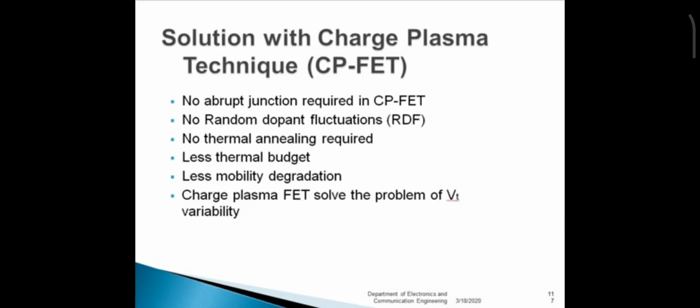Less mobility degradation. Charged plasma FET solves the problem of VT variability also. In charged plasma FET, there is no doping, so no costly doping technique, diffusion or ion implantation, is required.